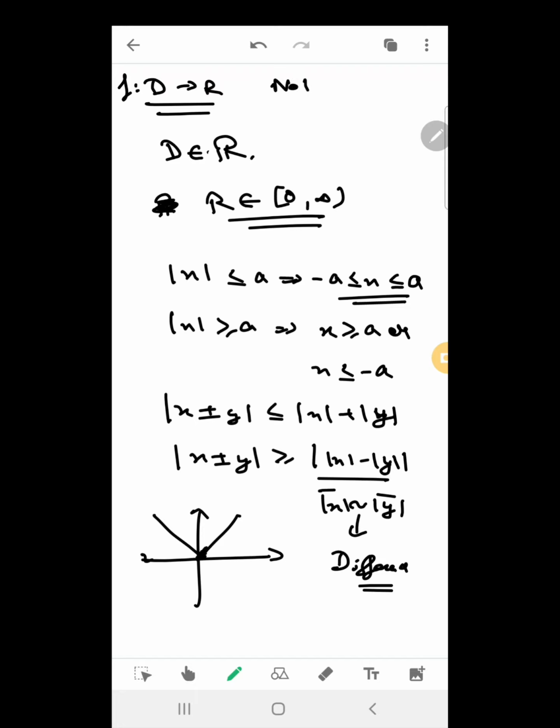It is not differentiable at x equals 0, but continuous at x equals 0.